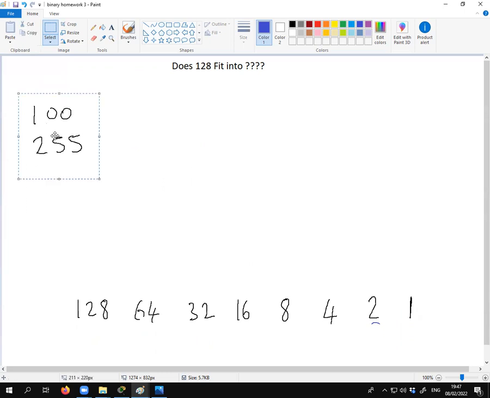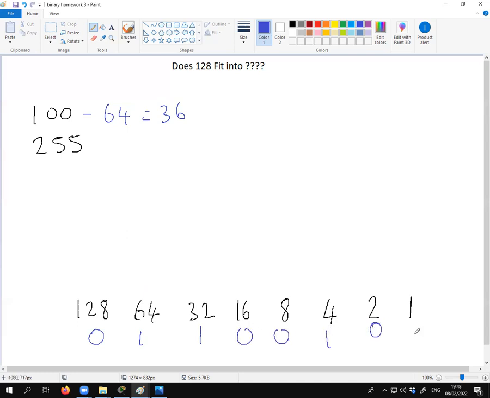Okay, next one, 100. Does 128 fit into 100? No, it doesn't. Put down a 0 and move across. Does 64 fit into 100? Yes, it does. Put down a 1 and subtract, and you're left with 36. Does 32 fit into 36? Yes, it does. Subtract, and you're left with 4, so 0, 0, 1, 0, 0.